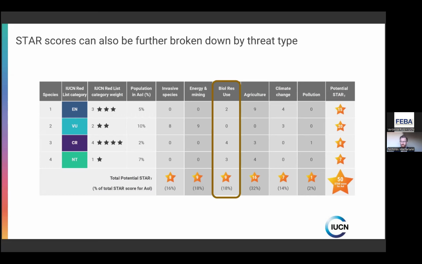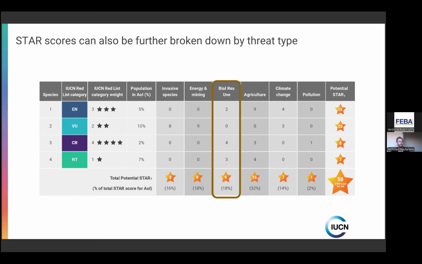This is important because threats are what you act on with a project or investment. Let's say we're going to put a protected area at this site, or implement a policy that will directly or indirectly stop biological resource use like hunting. That action could deliver 18% of the total reduction in global species extinction risk possible at this site.